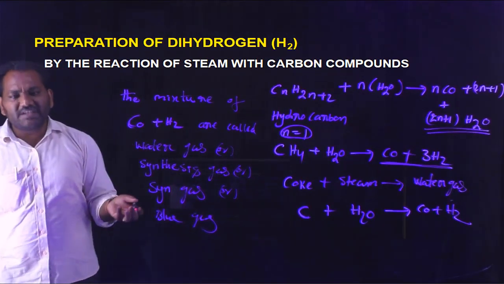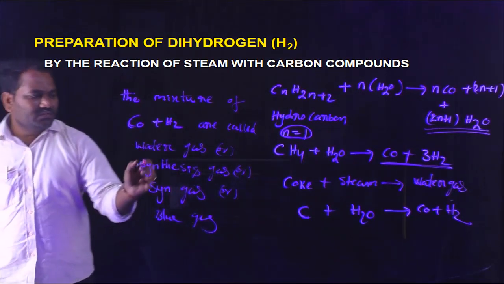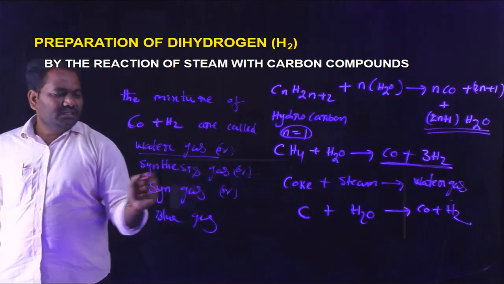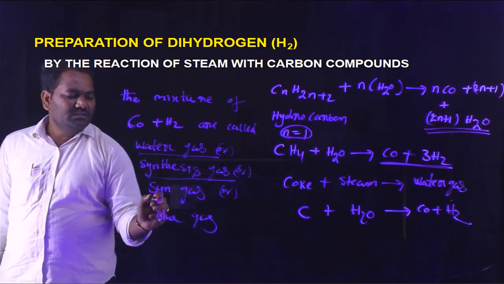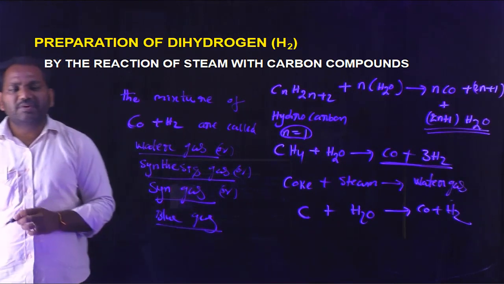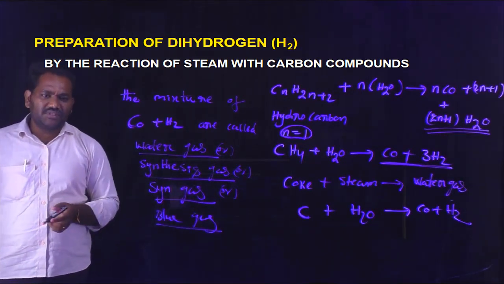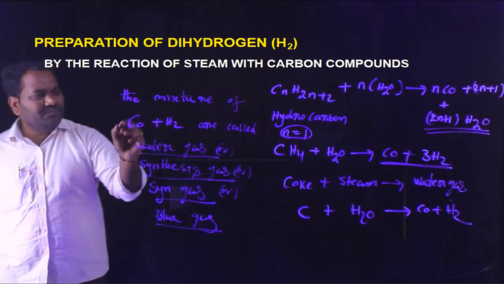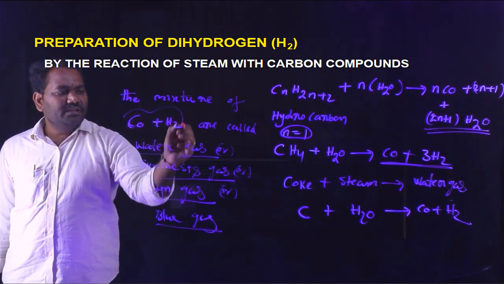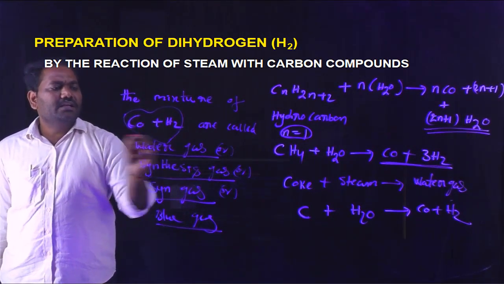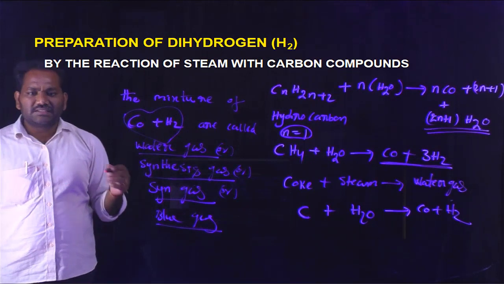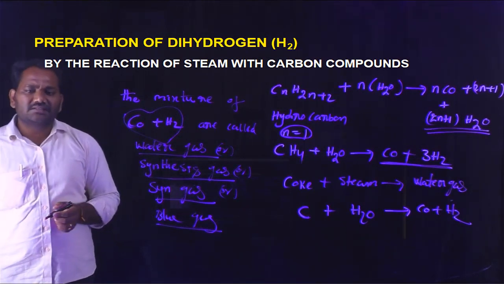These are the different names used. One is water gas, and one is synthesis gas or syngas or blue gas. There are different names. So the mixture of CO and H2 is called either water gas or synthesis gas or syngas.